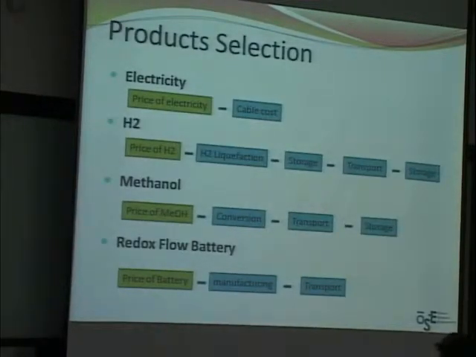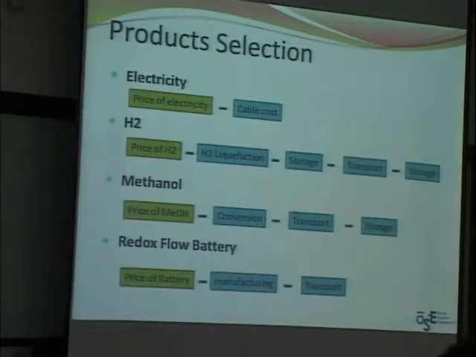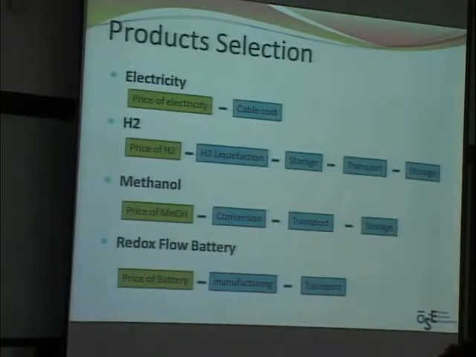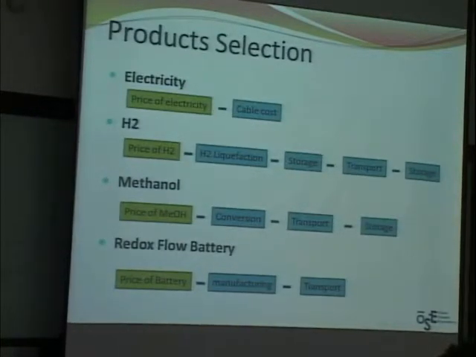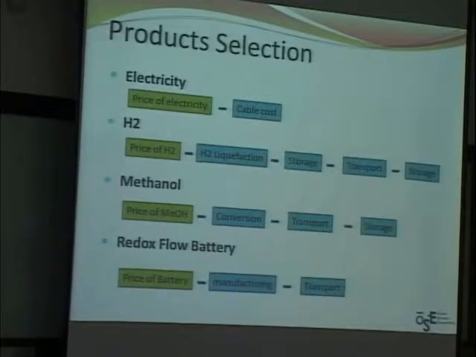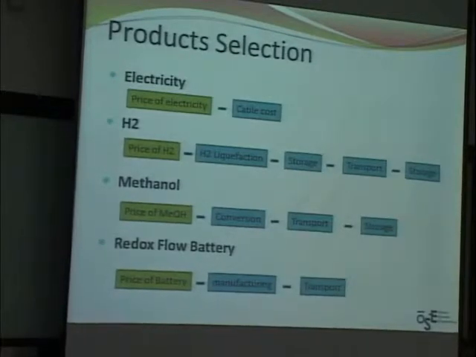Okay, the first part, product selection. We can produce these materials from wind turbine. First, electricity is generated from wind turbine. It can be carried to land by cable. And second is hydrogen.